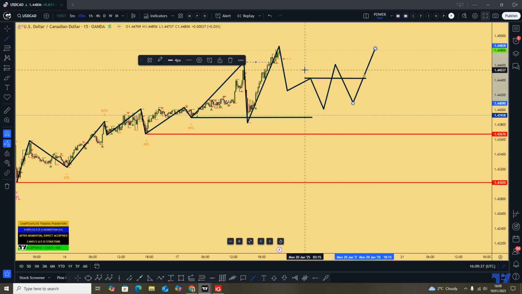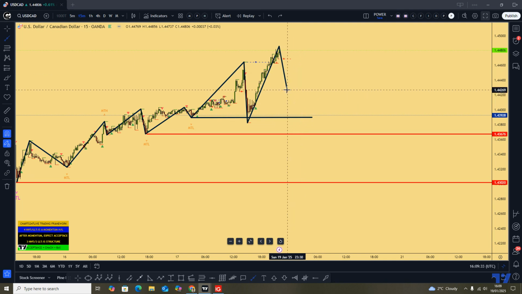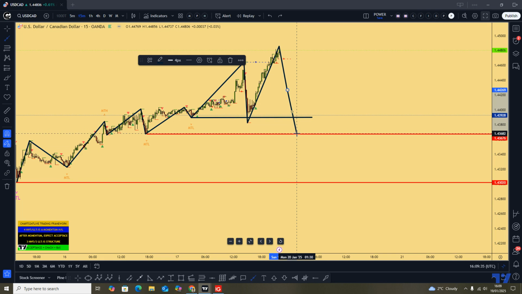But if that did not happen, if price comes all the way down and breaks this low or this low, then you know you have a potential for a deeper move to the downside. But you are not going to short here.